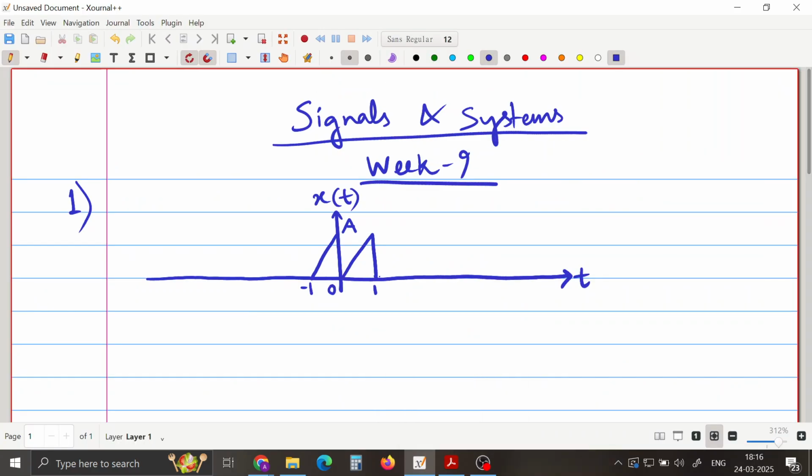So from 0 to 1 we have a triangle, then from 1 to 2, then from 2 to 3, and so on. It repeats.